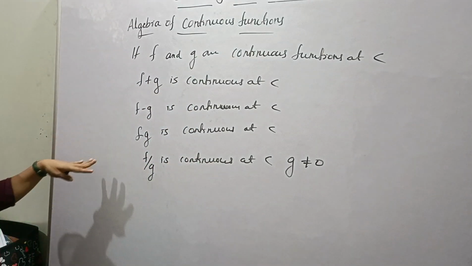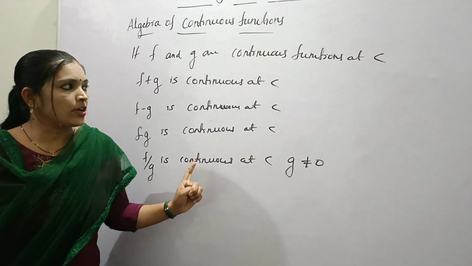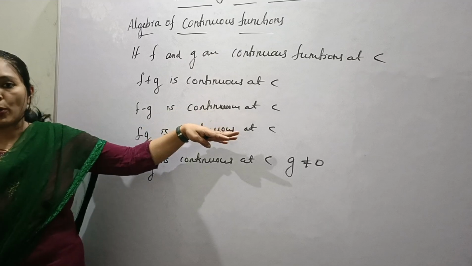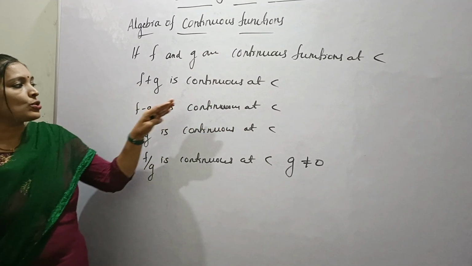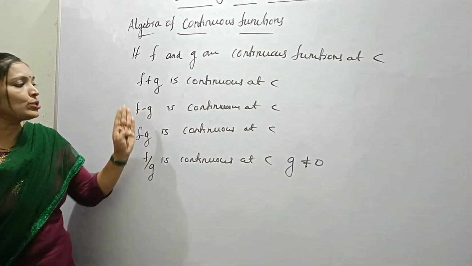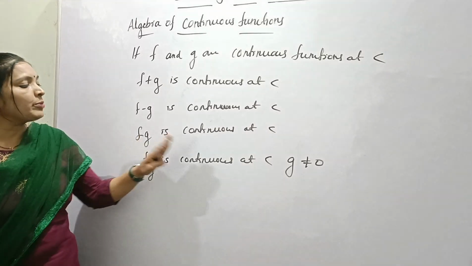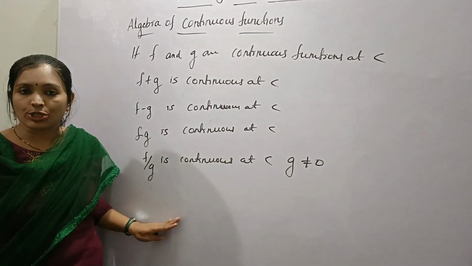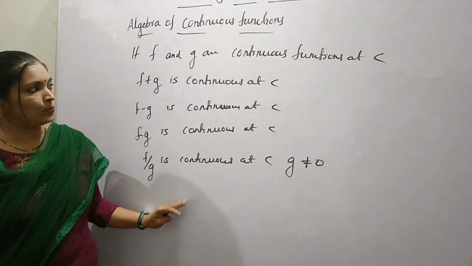So if f and g are continuous at C, then f plus g is also continuous at the same point, f minus g is also continuous at C, f into g is continuous, f divided by g is continuous at C, and here the function g of x is not equal to 0.